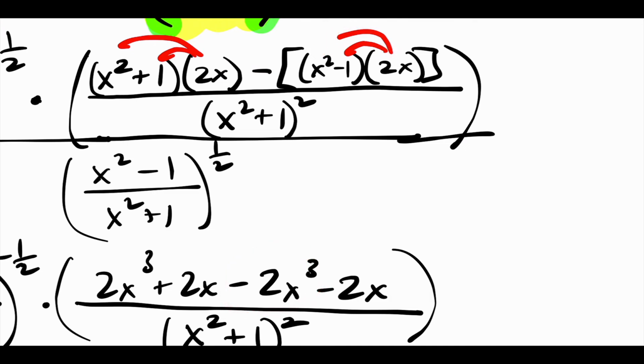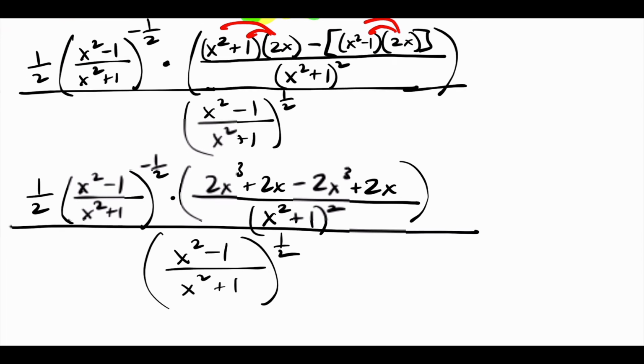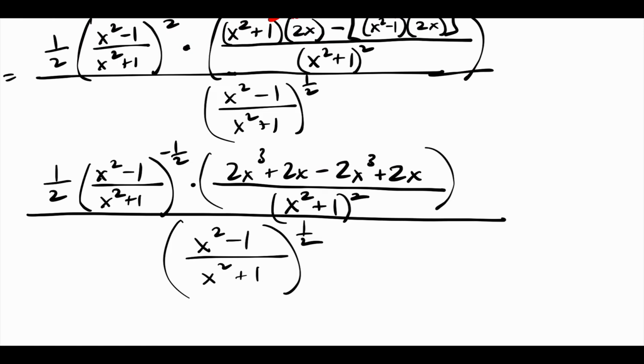But then I distribute this guy, it's going to give me a negative, but then there's a negative already here. So that's actually going to make it a positive. Yeah, that makes more sense because otherwise it was going to be 0. And that's not good because I skipped a step and I shouldn't have done that. Okay. All right. So this guy cancel out.